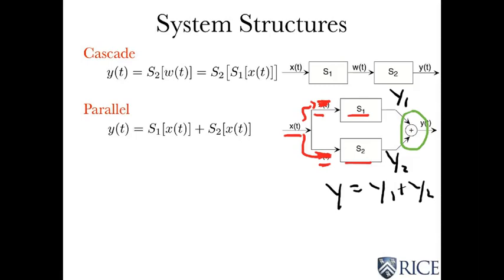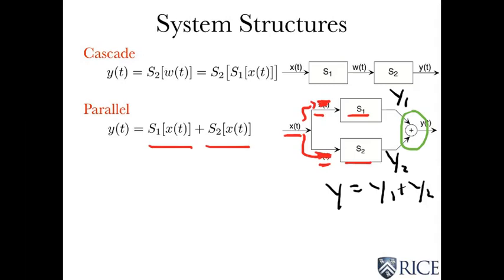So that's what an adder does. I think it's pretty self-explanatory in terms of this, what's called a block diagram. So a parallel system has 2 systems in parallel, each having the same input x, and you just add up their outputs to produce the total output.